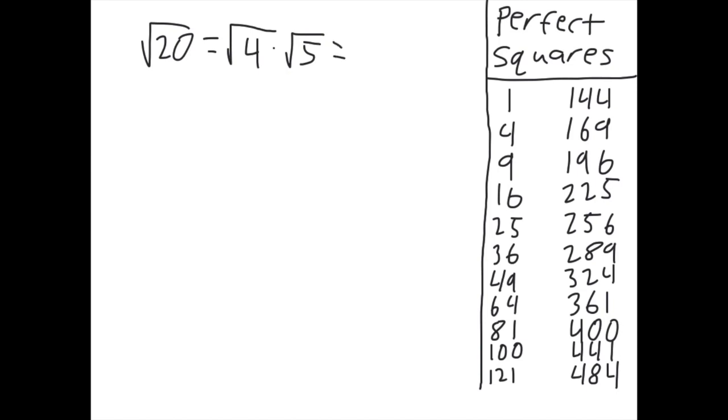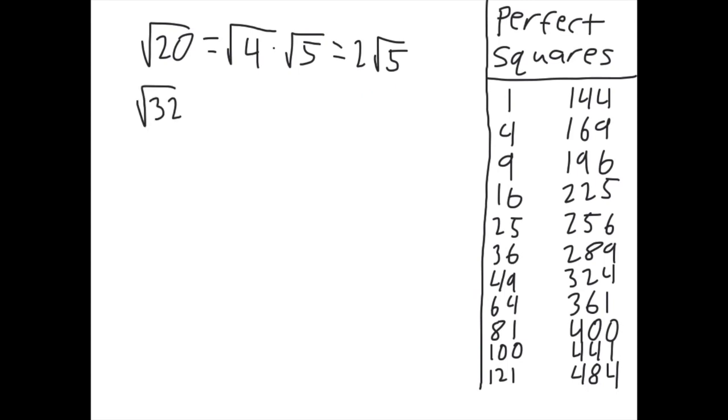Then you take the perfect square and take the square root of it. What's the square root of 4? 2. And the square root of 5 you can't take the square root of nicely, so that stays square root of 5. So 2 times the square root of 5, or as many people say, 2 square roots of 5.